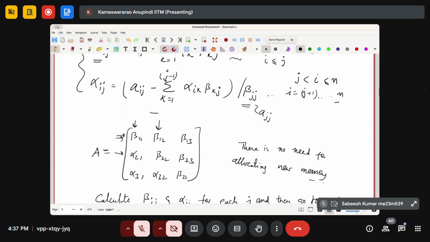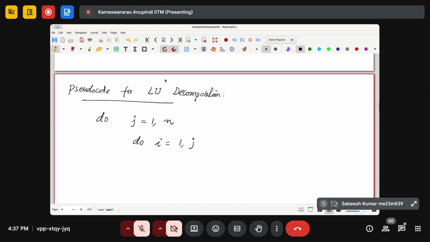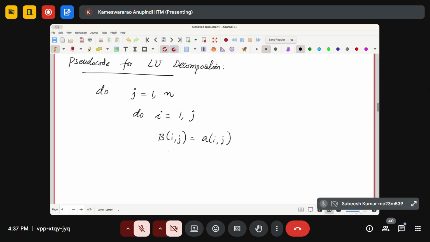So I'm going to say my beta ij is going to be, I can assign this value, beta ij equals a of ij, that is the first element. Then I have to subtract off so many elements, that is the product of alpha ik and beta kj, which has to run over k. That means I'll have another loop, do k equals 1 to i minus 1.